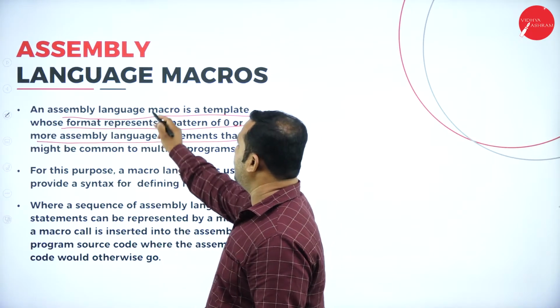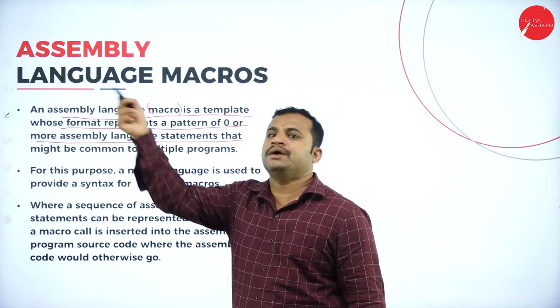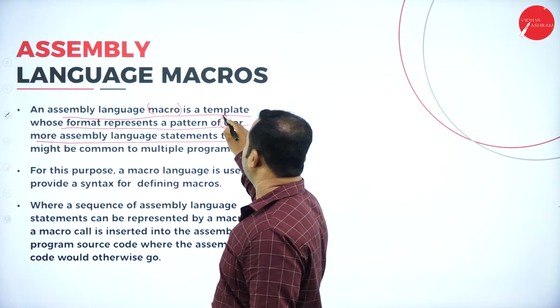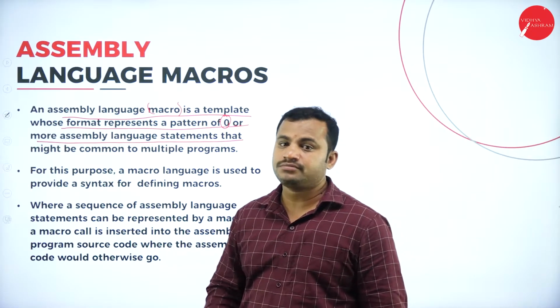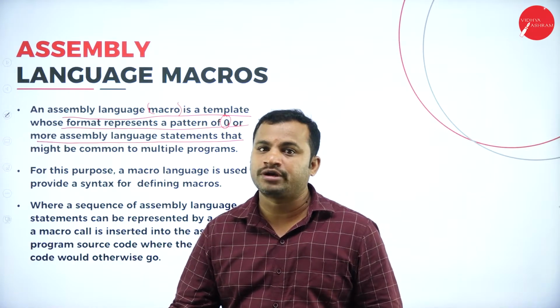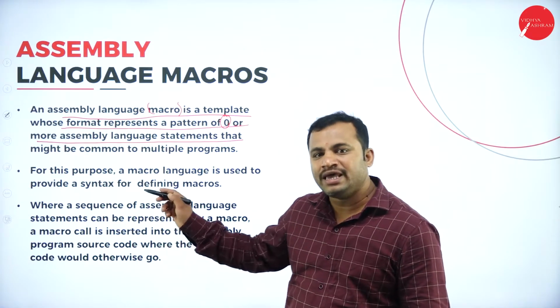That means any macro which we define may be common to many languages, or it may be specific to only one, that is assembly language, C language, or the COBOL programming language. In all these cases, you will come across the same template.